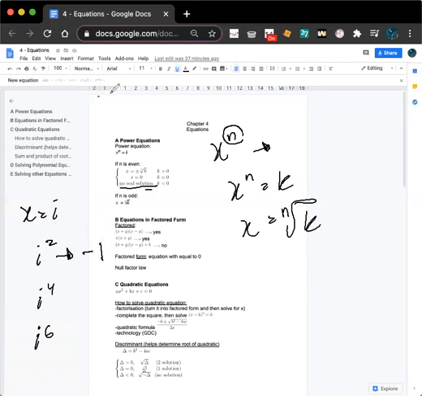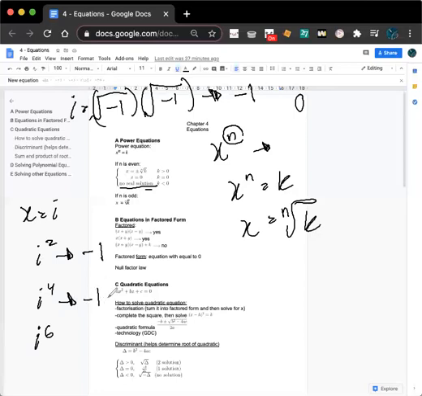I'll briefly cover this. i, the imaginary number, is the square root of -1. And if you multiply the square root of -1 by itself, then it gets you -1, so the number is less than 0. But for this one, you get -1 times -1, which equals 1.